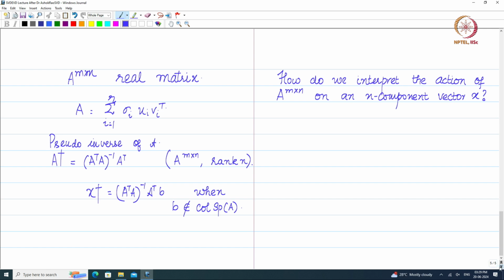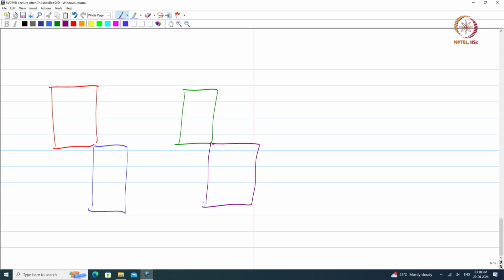In fact, that is basically what we have as the cover page of Professor Gilbert Strang's linear algebra textbook, where we have the row space of A, the null space of A, then the column space of A, and the null space of A transpose.